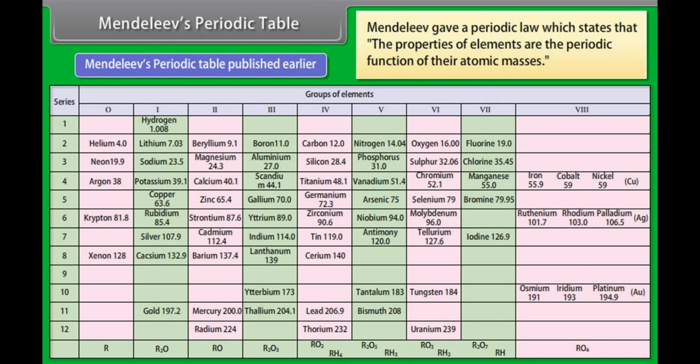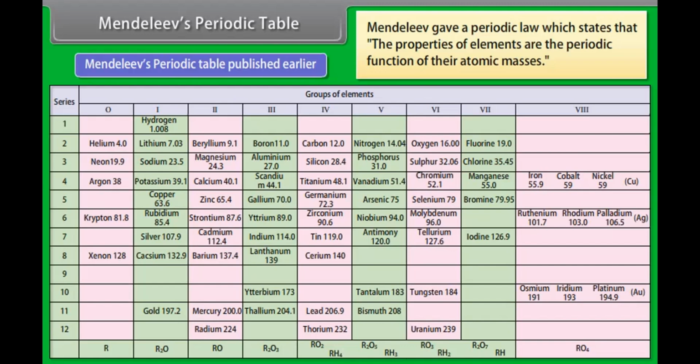Mendeleev's periodic table. Mendeleev gave a periodic law which states that the properties of elements are the periodic function of their atomic masses. Uses of Mendeleev's periodic table. Number 1. In the periodic table, elements are classified into groups with similar properties, thus facilitating the study of properties of elements. Number 2.